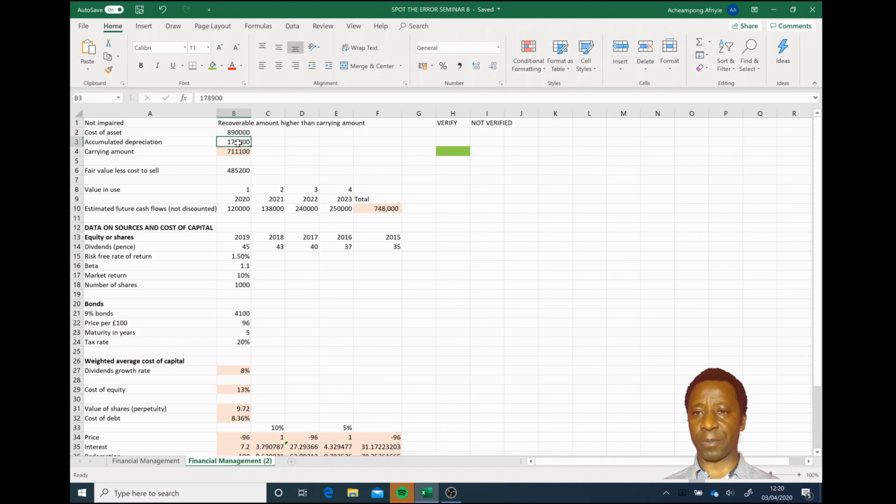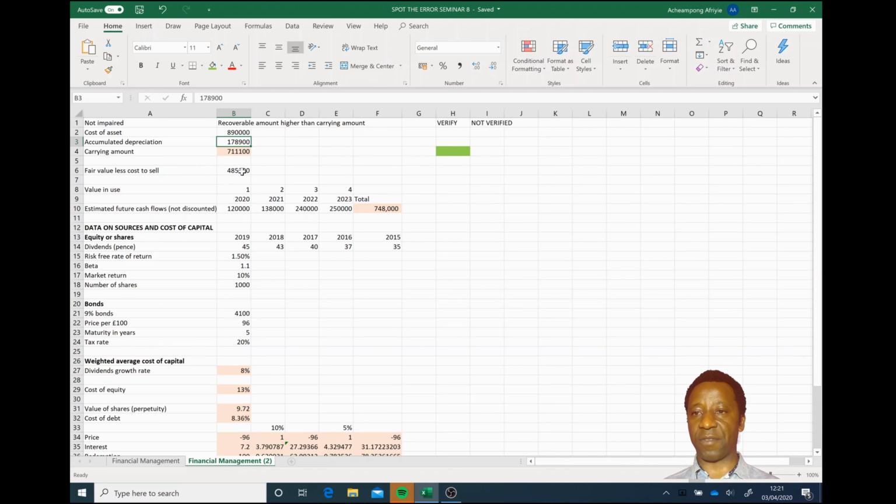We're not really worried about that, because we've already completed those tasks in our previous spot the error activities. So we will take it that the accumulated depreciation is correct. So we've verified the carrying amount.